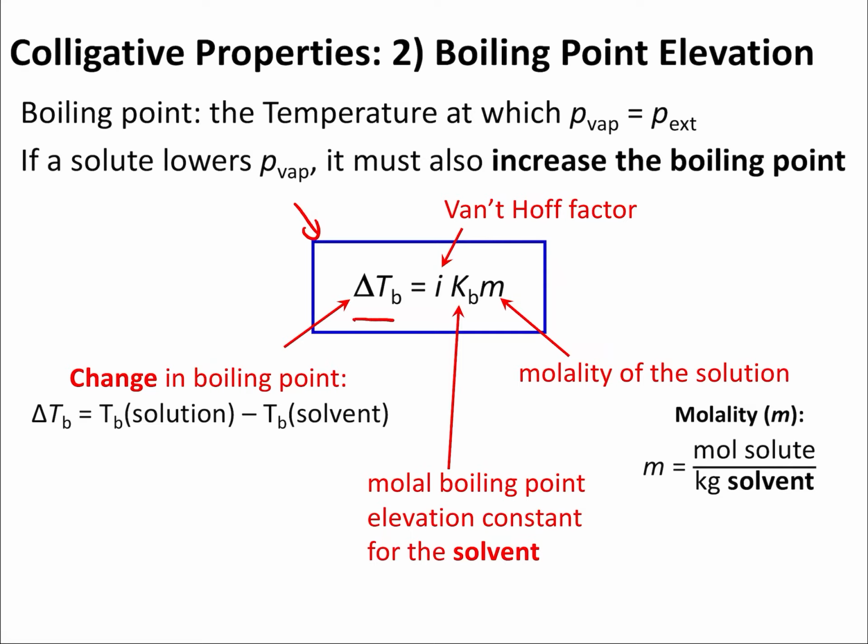The change in boiling point is equal to the molality of the solution, which means the number of dissolved particles, remember, per kilogram of solvent, so the number of moles per kilogram of solvent, multiplied by the Van 't Hoff factor for the solute. Remember, the Van 't Hoff factor is just 1 if you have a solute that doesn't dissociate. And those are multiplied by Kb, which is the molal boiling point elevation constant, and that is a property of the solvent itself.